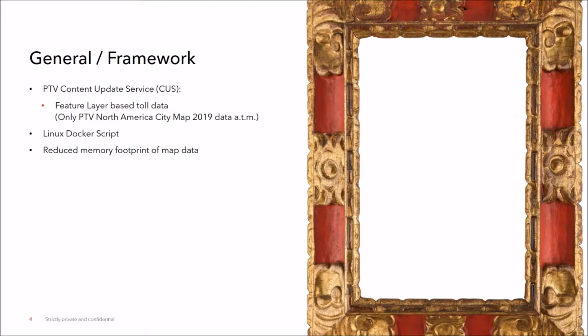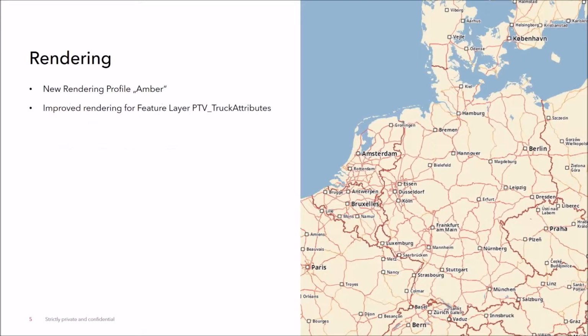As you might already know from previous release webinars, we have a new map object, so we share the map data over the different modules. So we reduce the overall memory footprint, and now we are also working on the additional data, reducing and sharing this data over several modules, or several X services. So that's for the general points. Let's proceed with rendering.